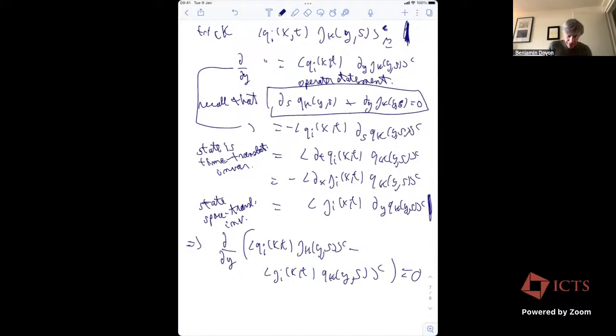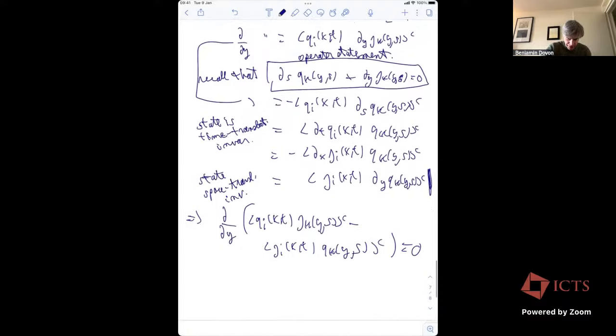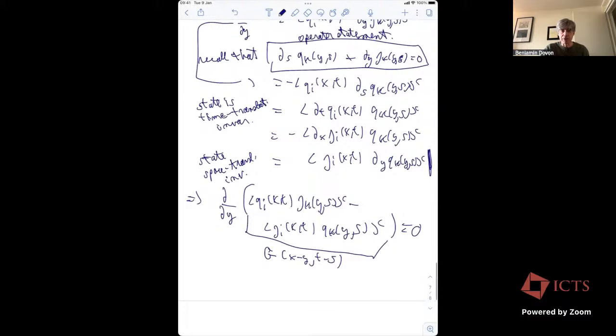So what that means is that this quantity inside the parentheses, call it G, depends on x minus y and t minus s by space-time translation invariance. This quantity is y independent. So I can put it at any position, I get the same value.